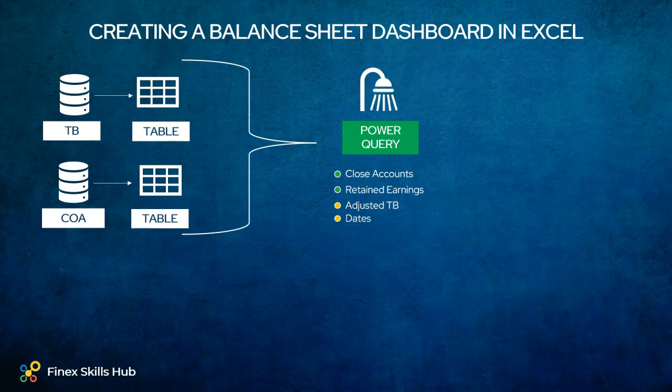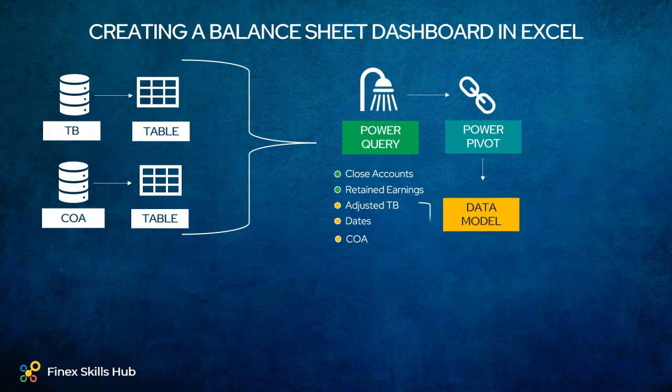Then after we are done, we'll draw 2 dimension tables, the calendar table, which will give us a date dimension, and the chart of accounts that we brought along. So the 3 yellow dotted tables are what we are going to use to go to Power Pivot and then create a data model. So these 3 will now form the foundation to build our balance sheet dashboard.